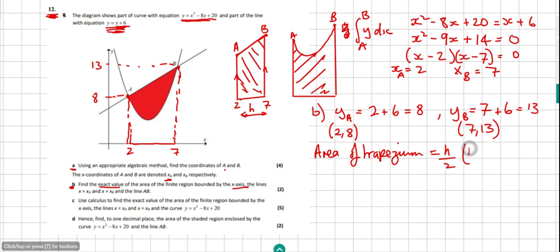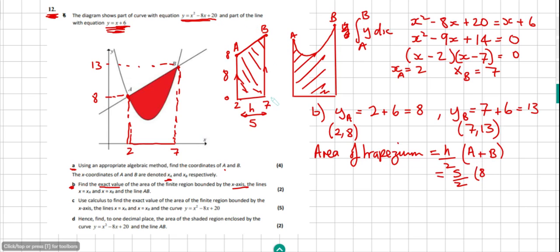So we could say A and B is what it would be in the formula. So A and B are the two parallel sides. So we know that our h is actually the distance between 2 and 7. So it's 5 here. So it's 5 over 2. And then A is this distance, well, because this has got a y coordinate of 8 and 0 at the bottom. So A is 8.